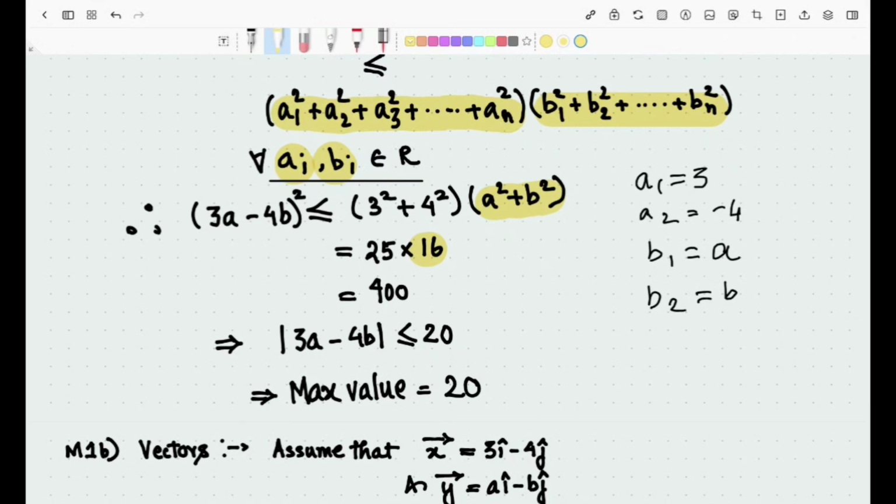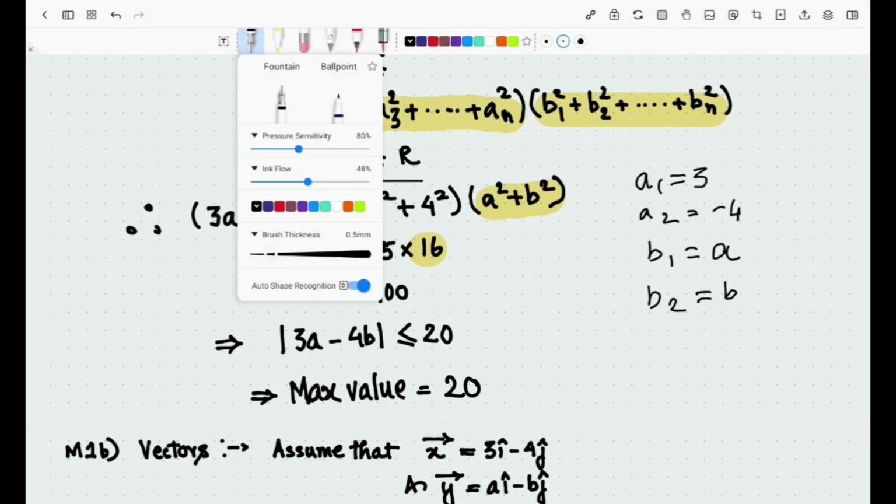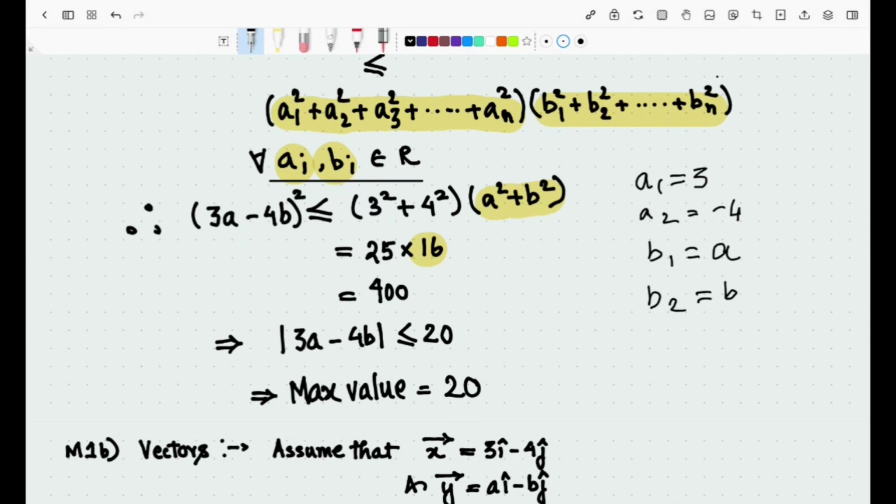Now here comes the tricky part of this solution. Most of the aspirants commit a mistake: the expression that we have got is that (3a minus 4b) whole squared is less than or equal to 400. Most aspirants then write that 3a minus 4b is less than or equal to 20.